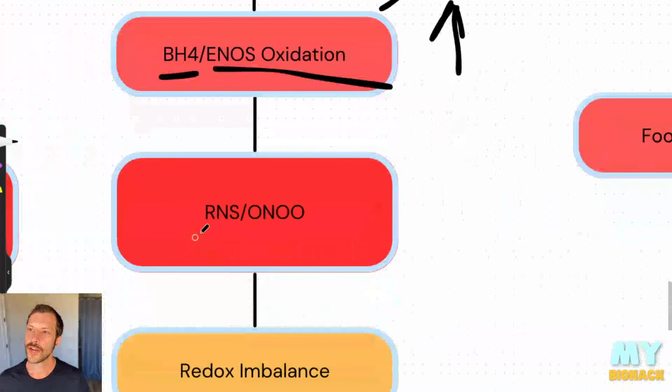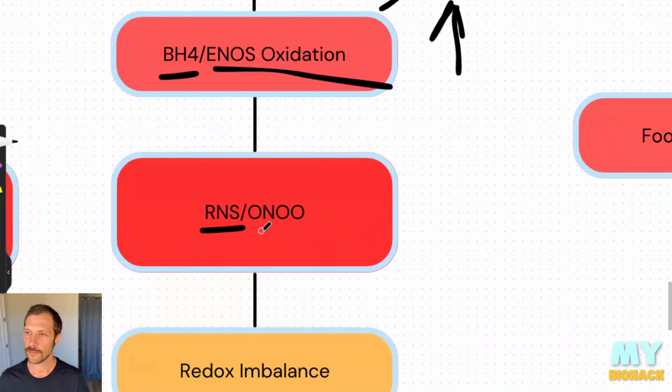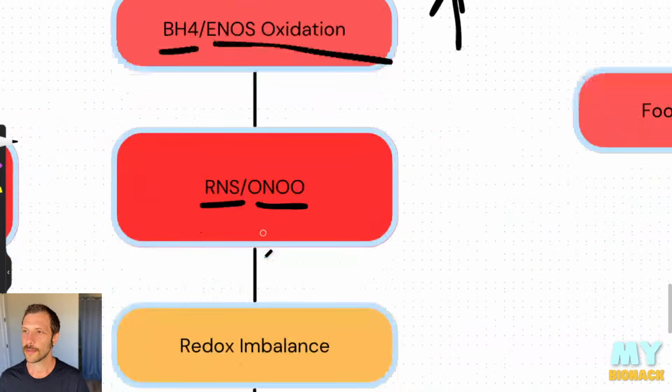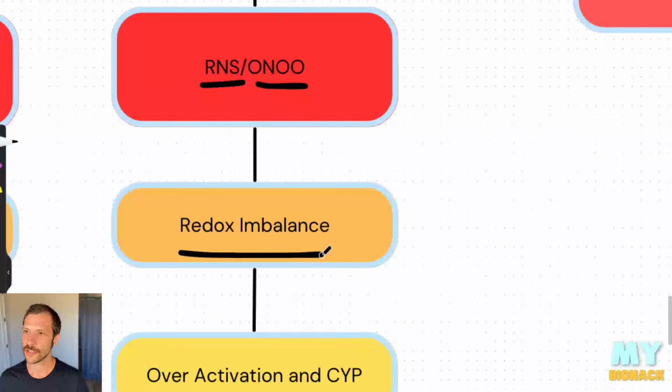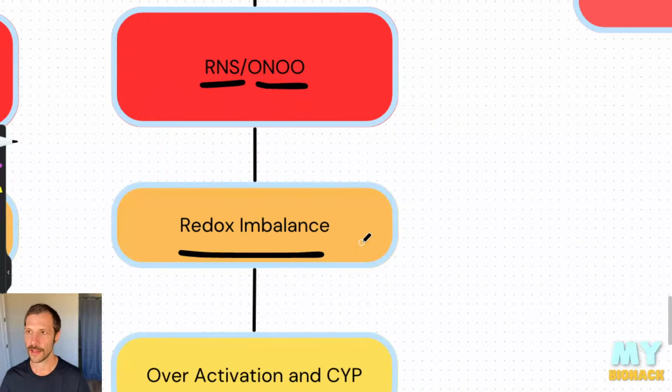So like we said, that creates reactive nitrogen species and peroxynitrite. That affects your system, your redox balance. Your redox system is essentially your balance between the antioxidants in your system and the oxidants in your system. You want a healthy balance because they all do different things. Like you need oxidation for certain transcriptions to turn on in genes, but you also need antioxidants to turn those things off or they continue running.